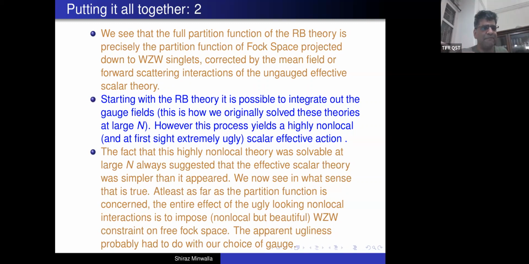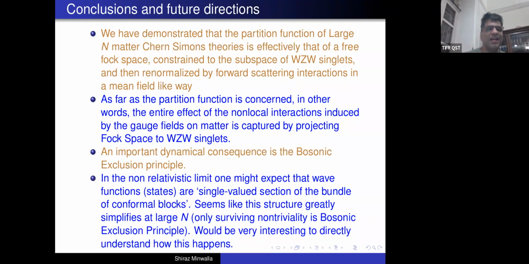The theory is that of a perfectly fine local matter theory whose only non-local interactions are those imposed by this Wess-Zumino-Witten condition. In this large N and large K limit, that is the net effect of this gauge field in this theory. Okay, so I'm done.